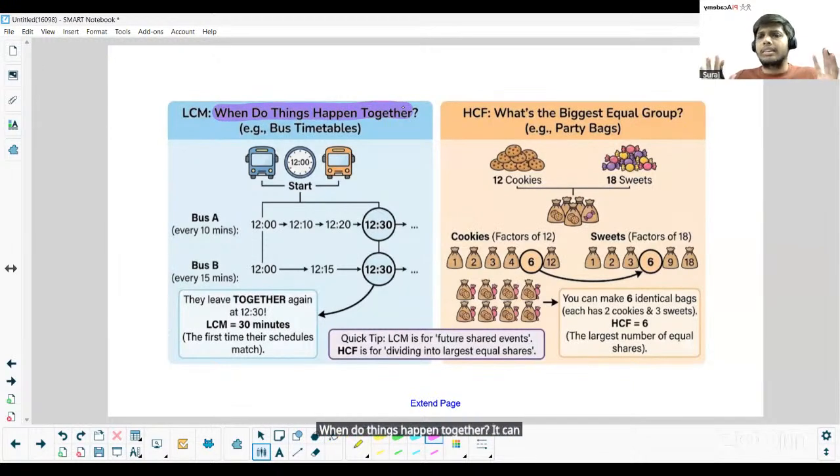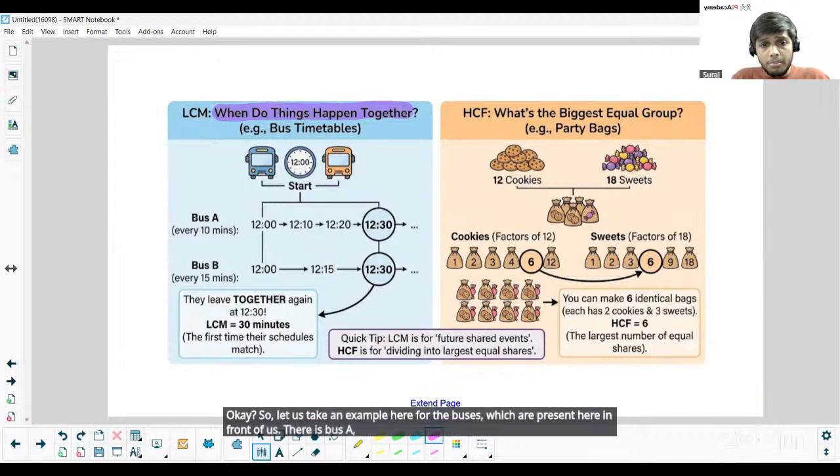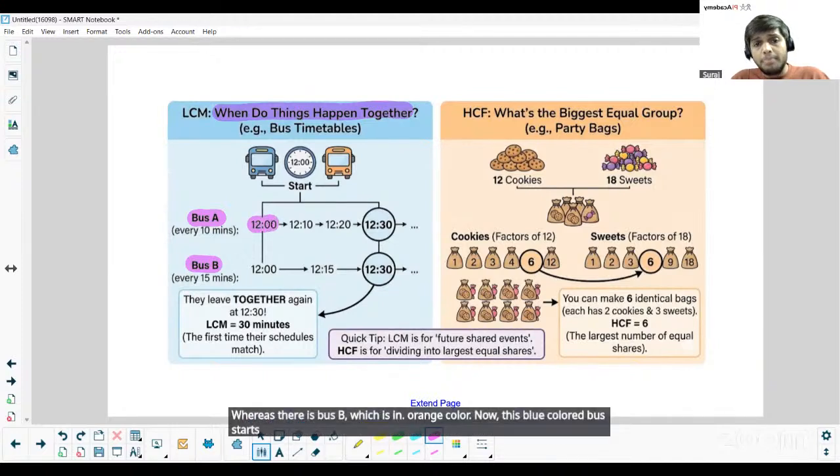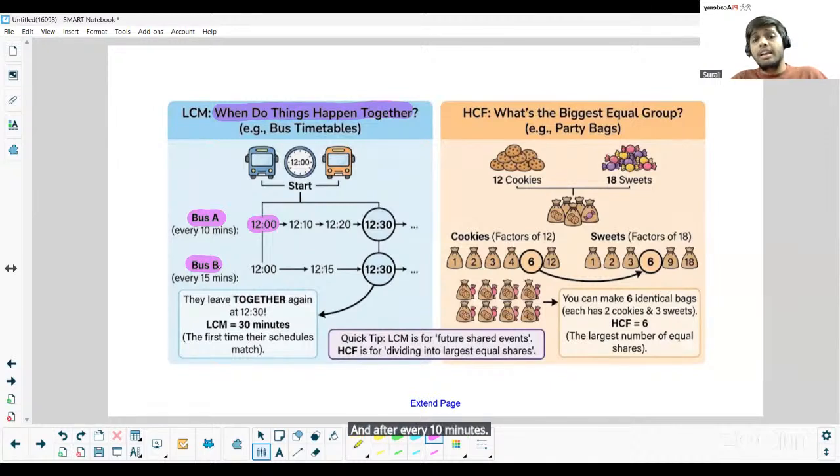It can be anything. Okay, so let us take an example here of the buses which are present in front of us. There is bus A, which is blue, whereas bus B is orange. Now, this blue bus starts from 12 p.m. and after every 10 minutes interval, it is going to be present there.